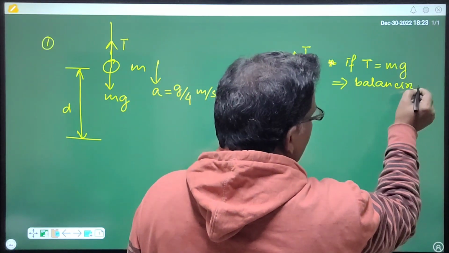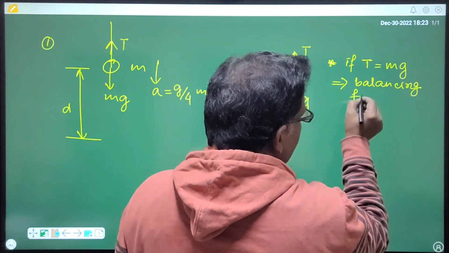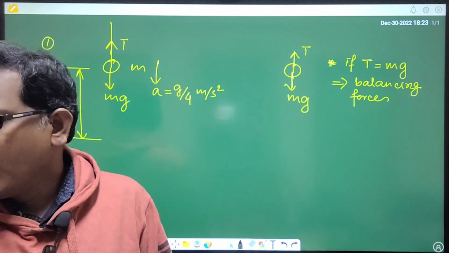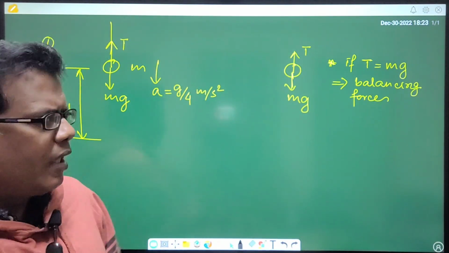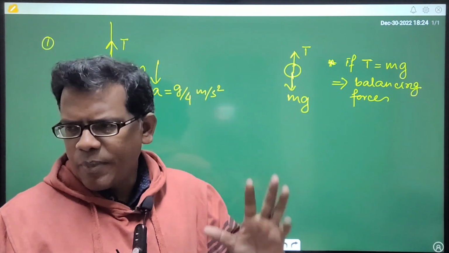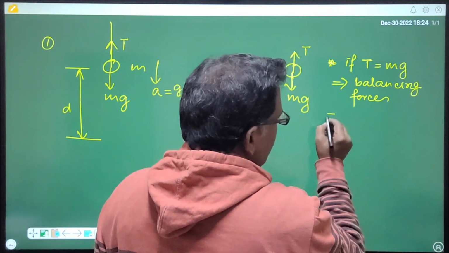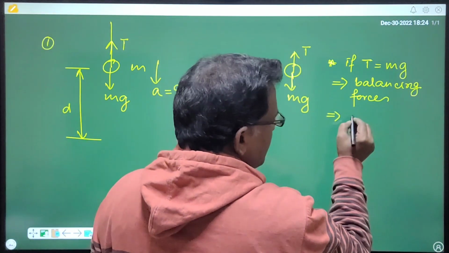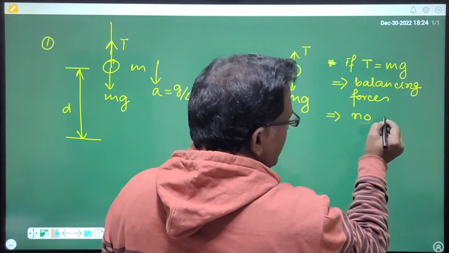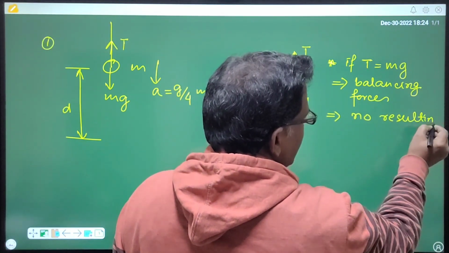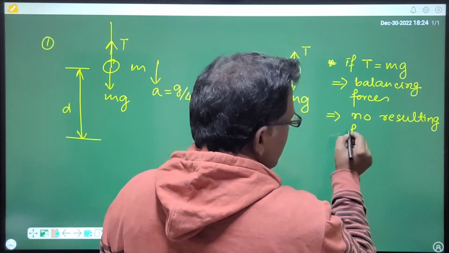So when forces balance each other, how can it be possible? Balancing forces mean no resulting force. Will there be any resulting force or net force?